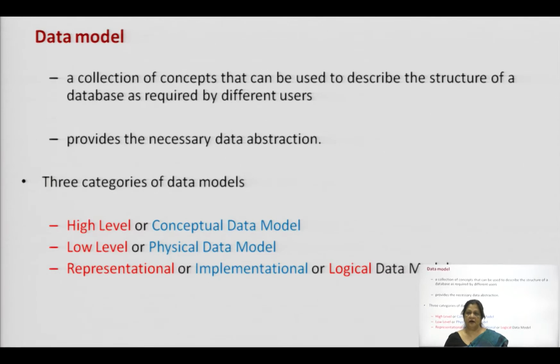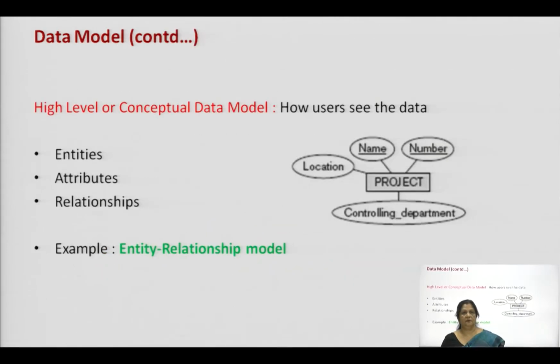Accordingly, there are three categories of the data models: the high level or the conceptual data model, the low level or the physical data model, and the representational or implementational or the logical data model. Let's have a look at the high level data model.